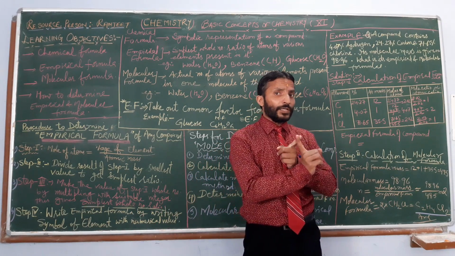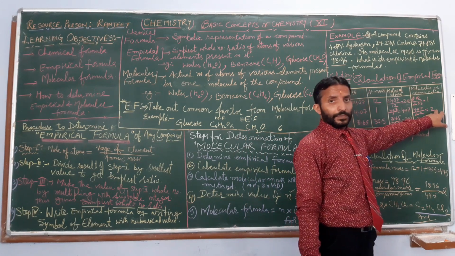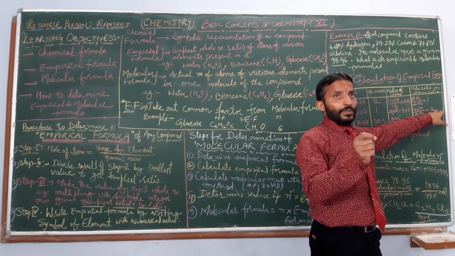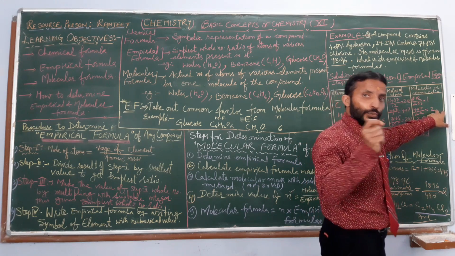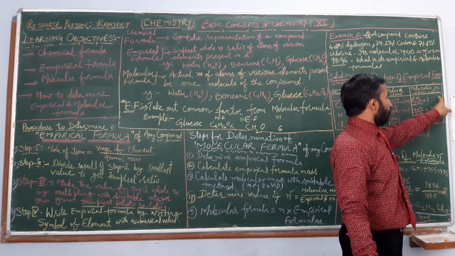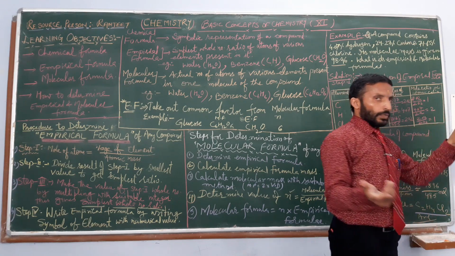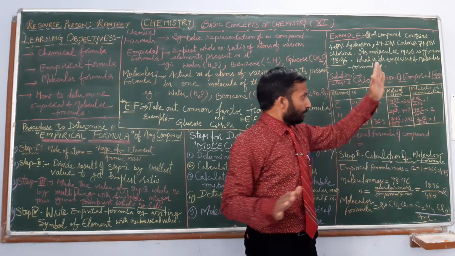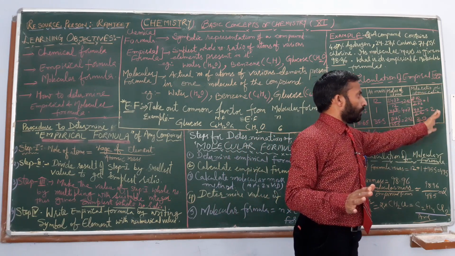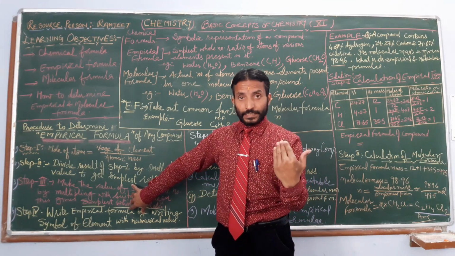First we start by multiplying with 2. For example, if I have a value of 2.5, I multiply all the values with 2, and I get 2 and 5 and 2. If it is already a simple whole ratio, we stop here and do not follow step 3.